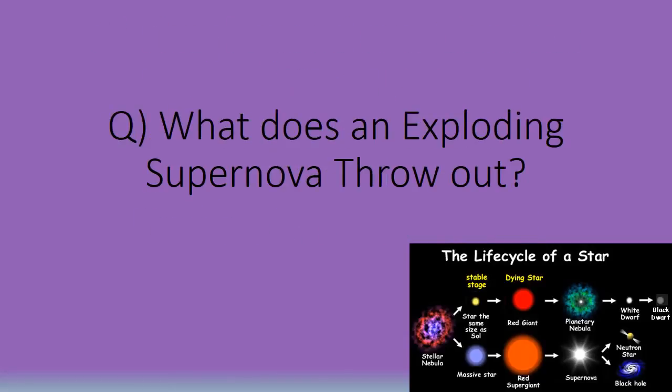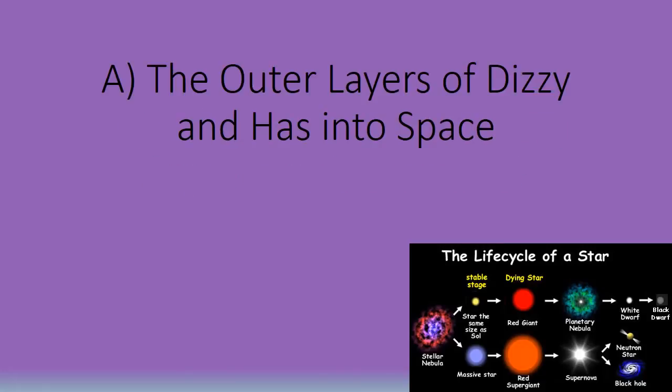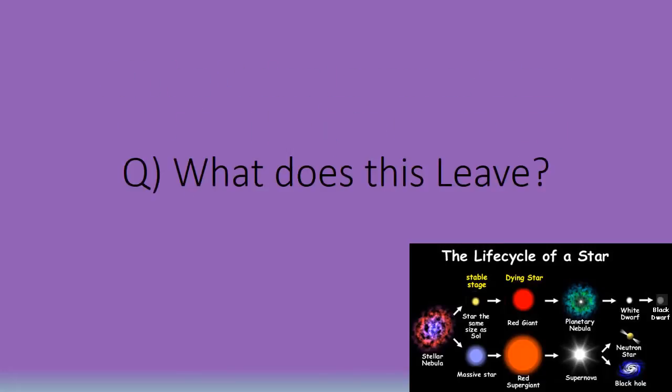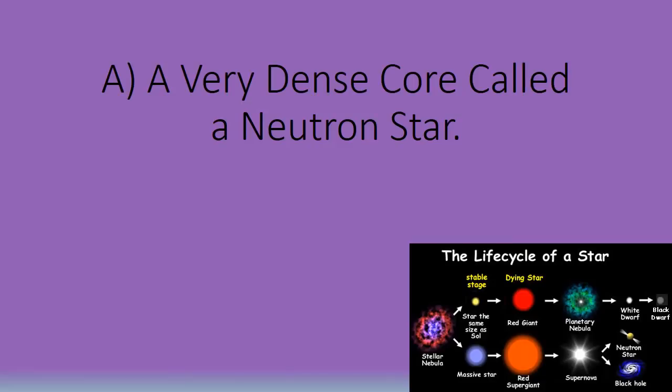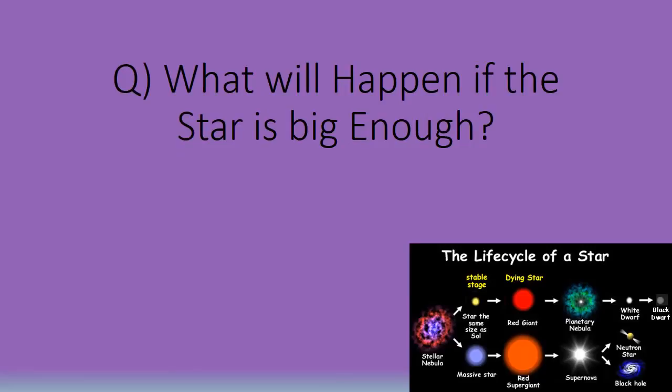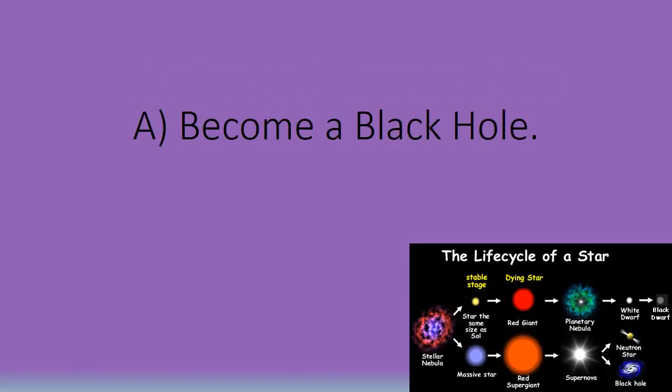What does an exploding supernova throw out? The outer layers of dust and gas into space. What does this leave? A very dense core called a neutron star. What will happen if the star is big enough? It becomes a black hole.